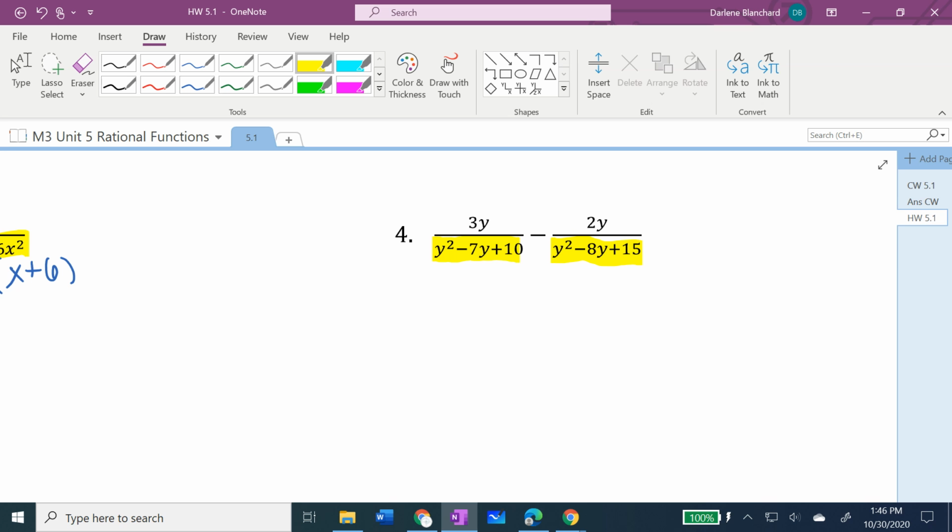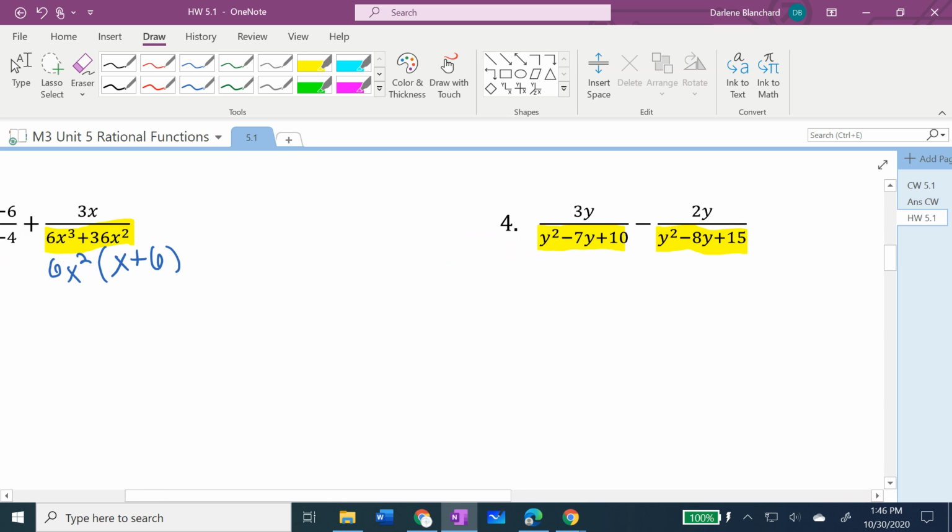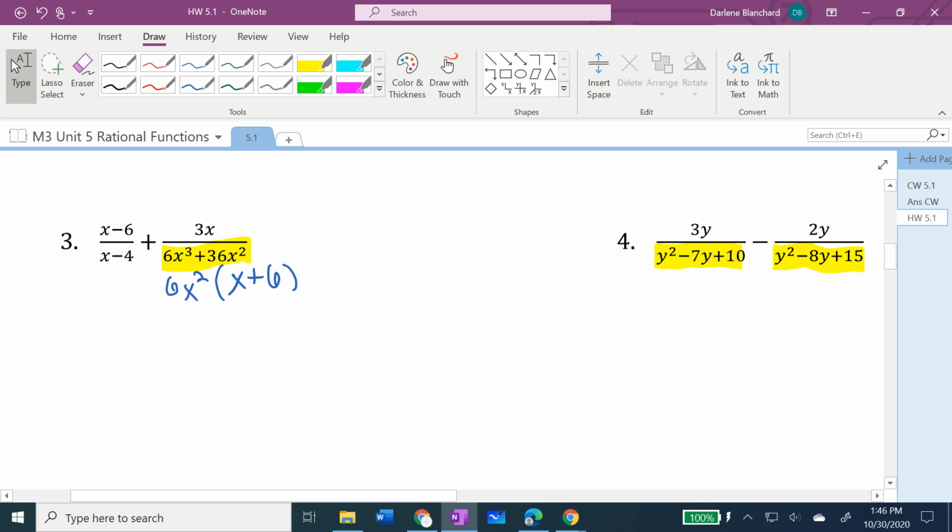Oh, that question. Yes, you could divide the numerator and denominator by 3x and be done with them. So divide by 3x, divide by 3x. And now you're almost done.